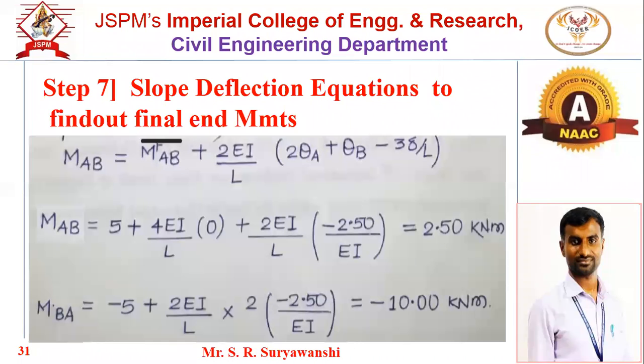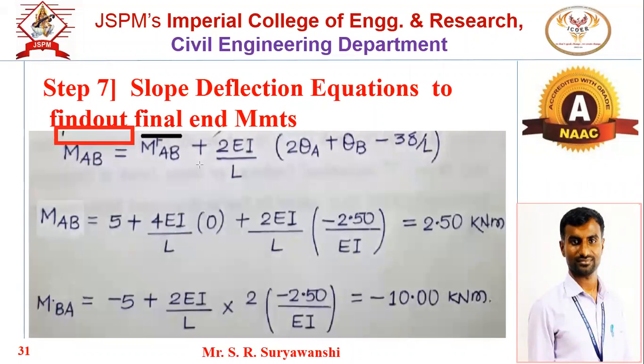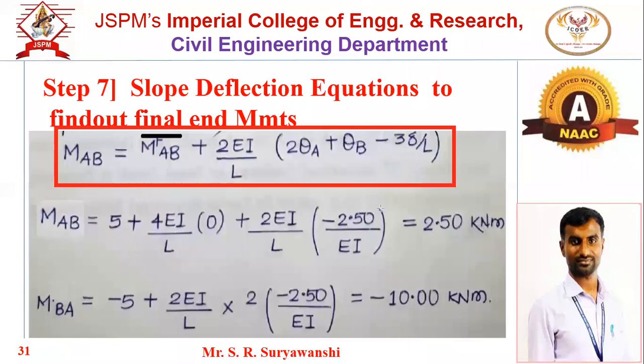So for member AB, M_AB is equal to M-bar_AB plus 2EI by L times (2 theta A plus theta B minus 3 delta by L). The delta term can be discarded as no settlement or sinking is given.